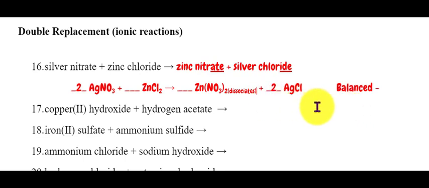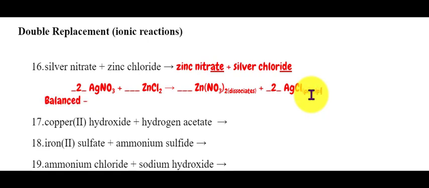And that means, and just for giggles, let's take a look. Silver plus chloride is a precipitate. That means that we are balanced and there will be a reaction.